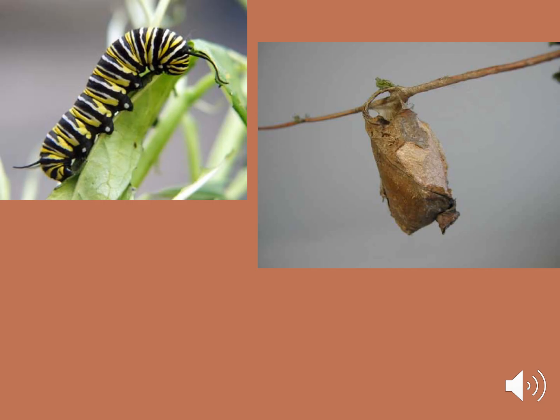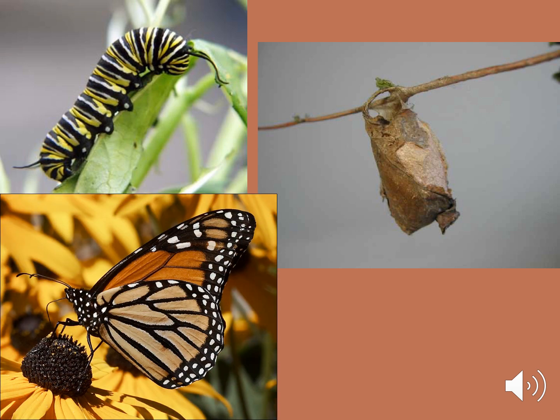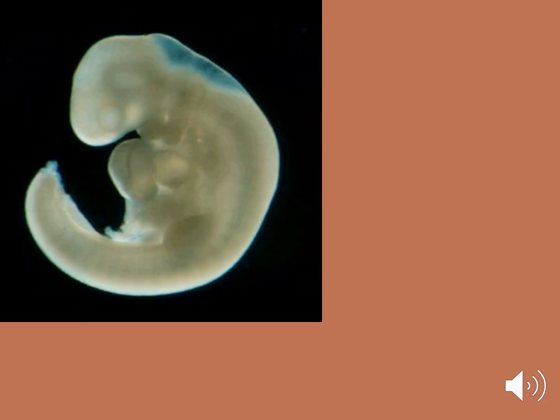All the cells have been broken down with the exception of a few that retain the DNA information for how to build the butterfly that will emerge from this process. So the lysosomes are breaking down the caterpillar cells, and now the material that made up those caterpillar cells can be reorganized into a butterfly.